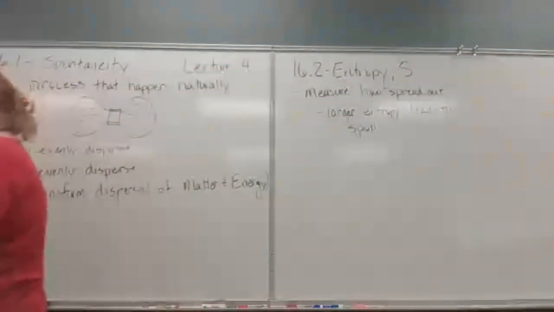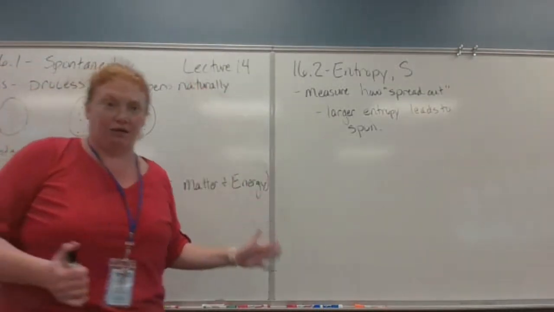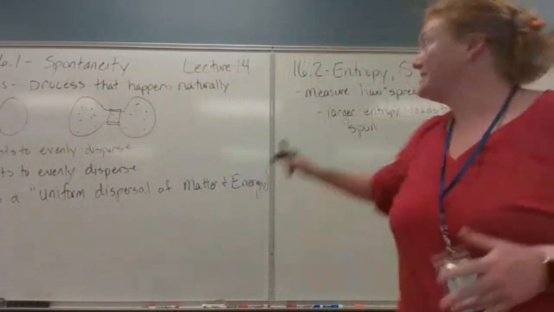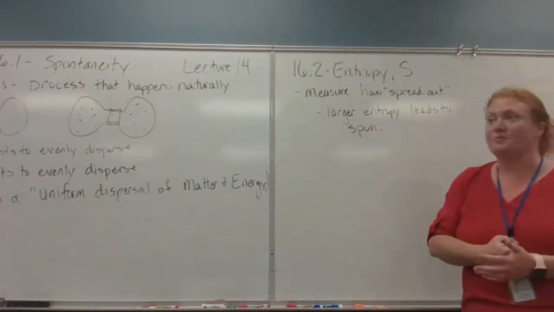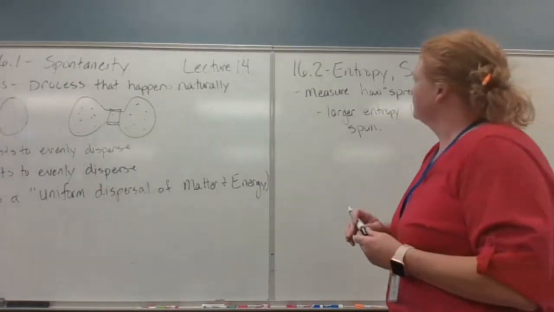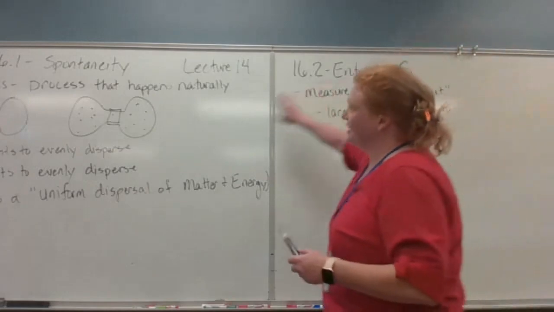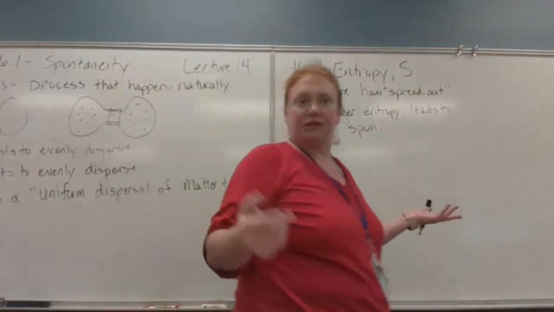Again, spontaneity is condition dependent, right? I can't look at just entropy to tell. I got to look at a lot of things, but it tends to favor spontaneity. The bigger the S, the more spontaneous something is. So sometimes we say entropy is when it just gets more chaotic. It just gets more and more spread out.